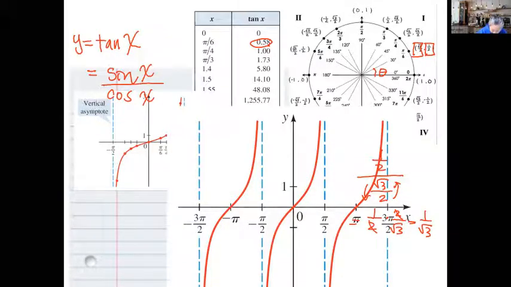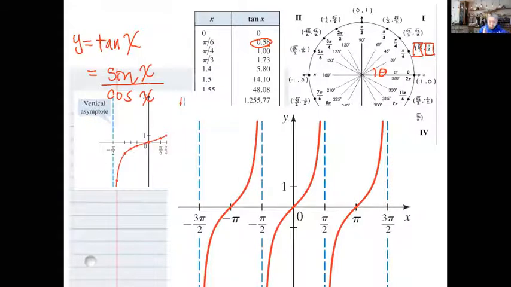So let me erase this. Do you see in the middle? You can verify the very first period that we used to plot appearing in the middle. And every pi, why am I saying pi?